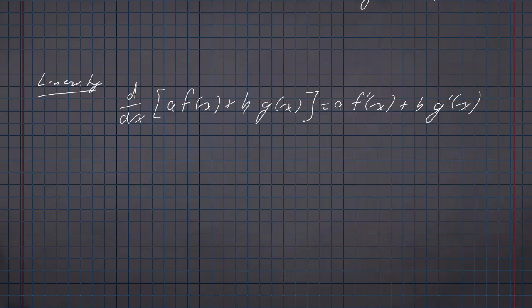An operator in general is called linear if you take a linear combination, which is a times one thing, a times f of x, plus b times another function, b times g of x. If you apply that operator, you can ignore the addition, you can ignore the constants, and simply take the operator on the two functions. So if you want to take the derivative of a times f plus b times g, you end up with a times f prime plus b times g prime.